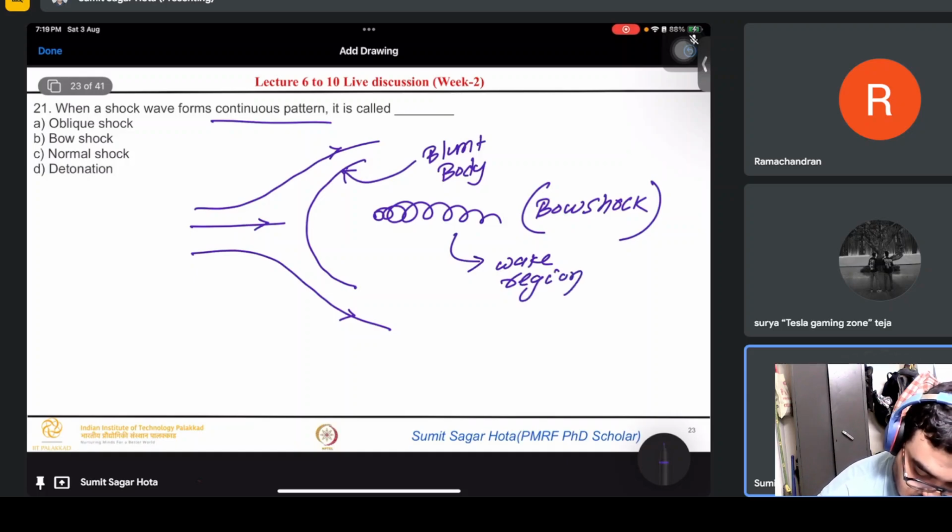It is obviously a continuous one, formed continuously.